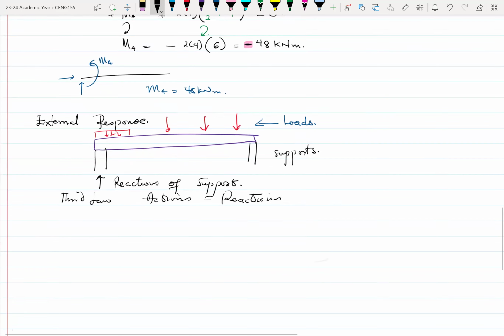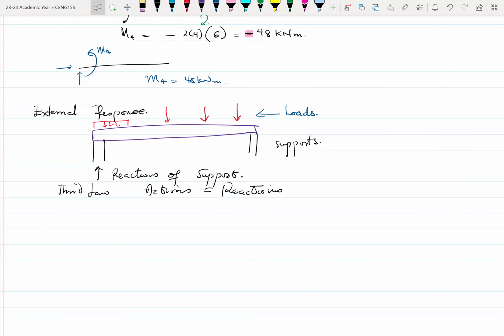But it is critical to understand that before the loads are transferred to the supports for us to have reactions, the loads would have to go through the beams. So the loads move through the beams to the supports, which means that the beams should also be able to transfer the loads within themselves.